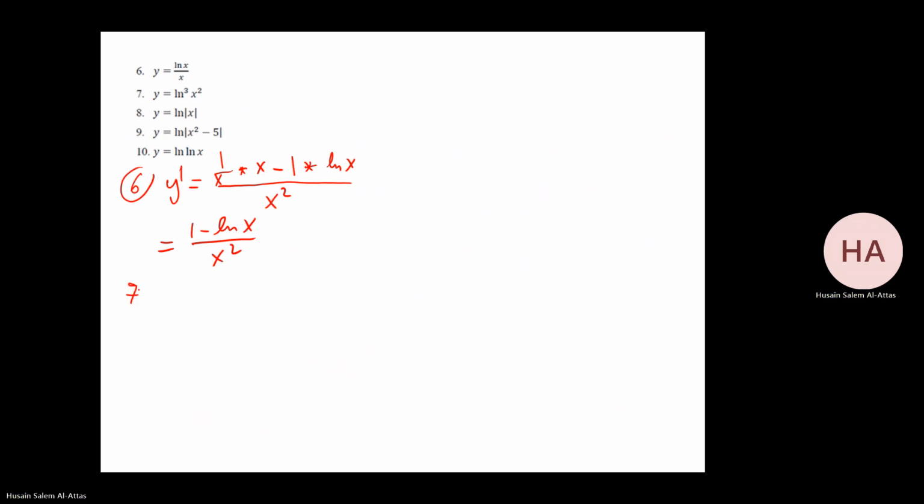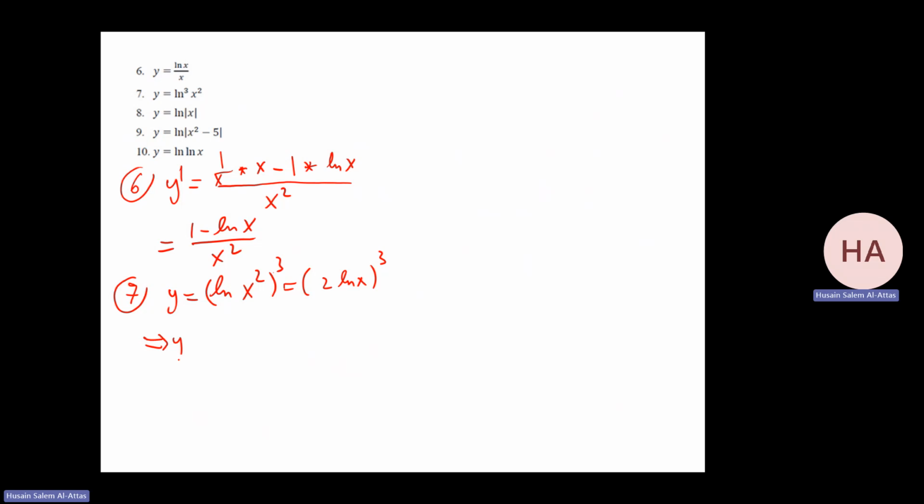7. Sometimes it's easy. This is ln x squared. The y is ln x squared, all to the power 3, which I can simplify as 2 ln x all to the power 3, or can leave it like this.